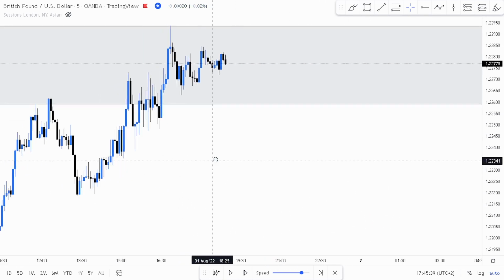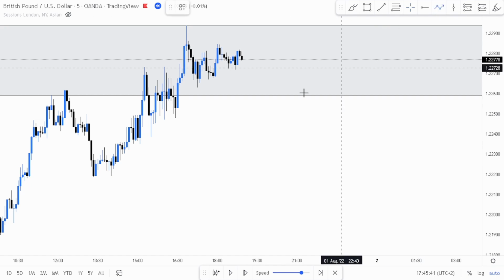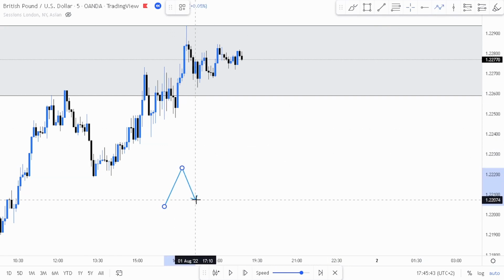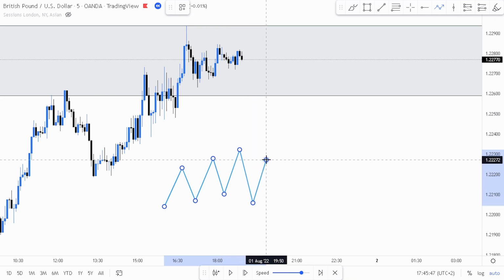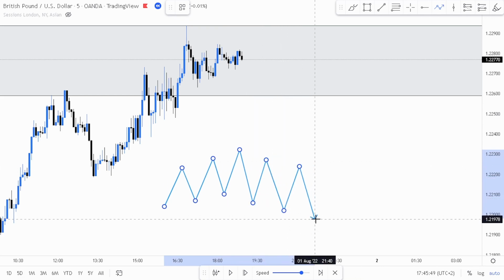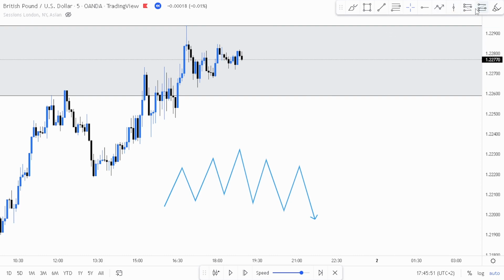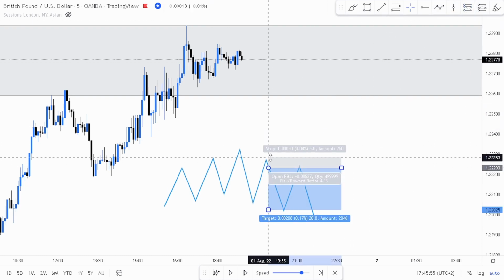Now guys, as I explained to you, change of character, what we want to see is something like this happening. And now we know that we want to take our trades right over here. Why?